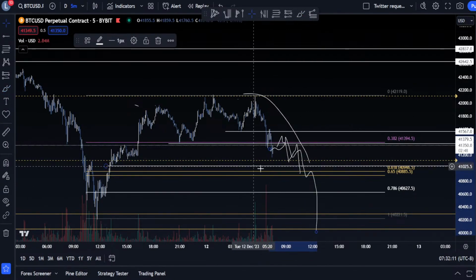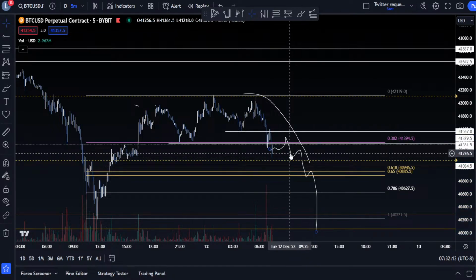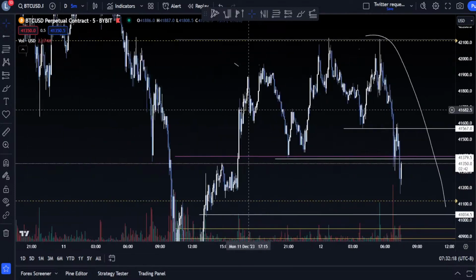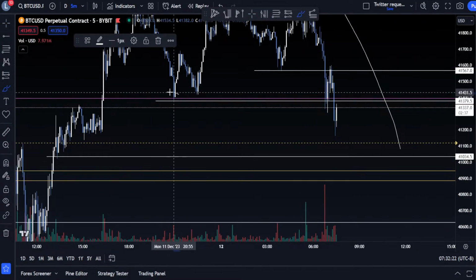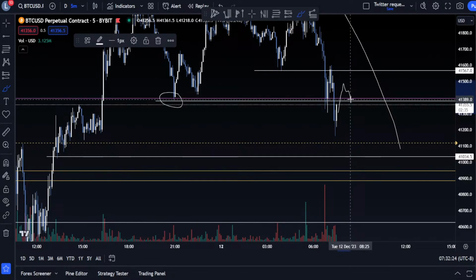So anyways, I'm going to keep an eye on things. I'll update in the Discord. Took a stop loss on that long. Not going to long here. A sign of strength could be reclaiming this, but I'm just going to look for lower at this point.